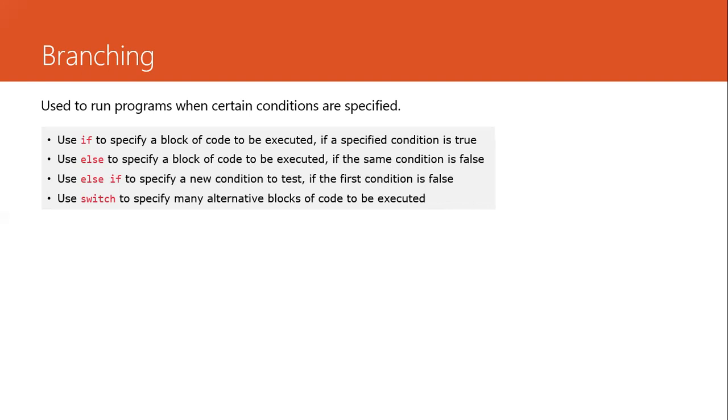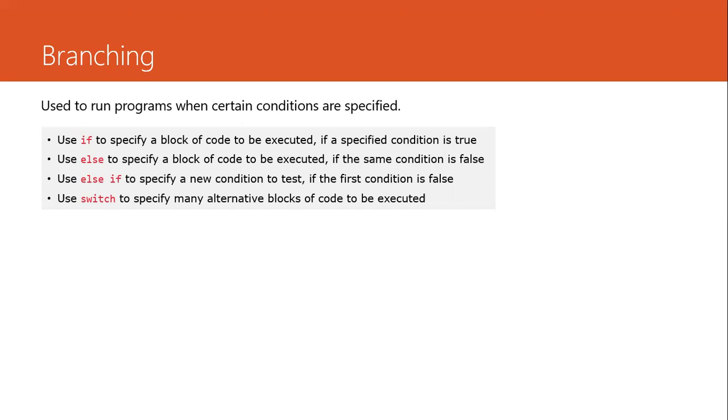Okay, there are examples next, and we can also use switch. When we use switch, usually we have many conditions or many options to choose from. If we have just one option, we can use if; if we have two, we can use if and else; if we have three or more, we can use if else if.